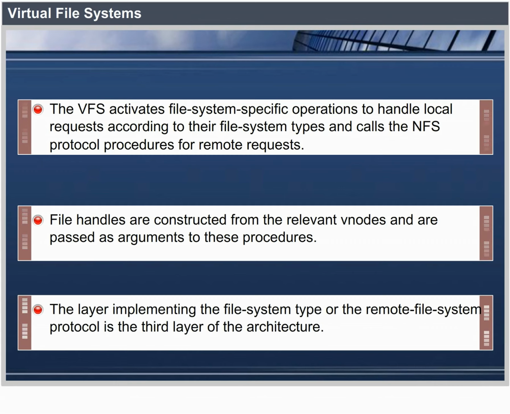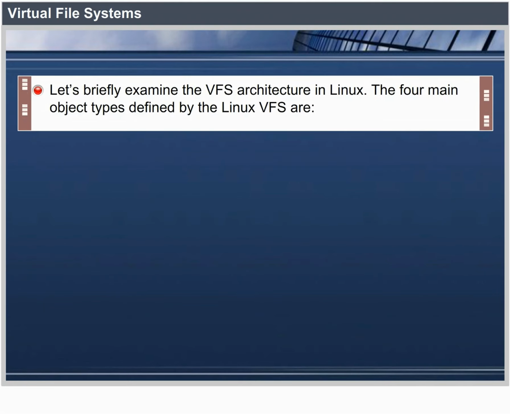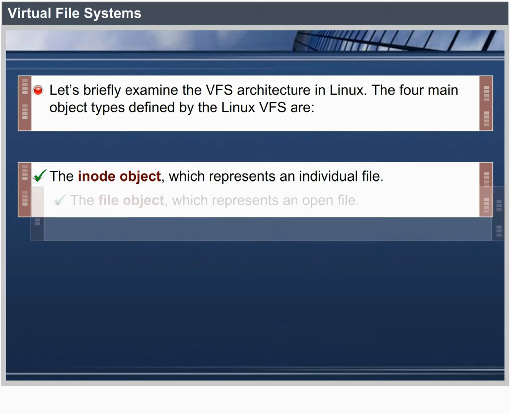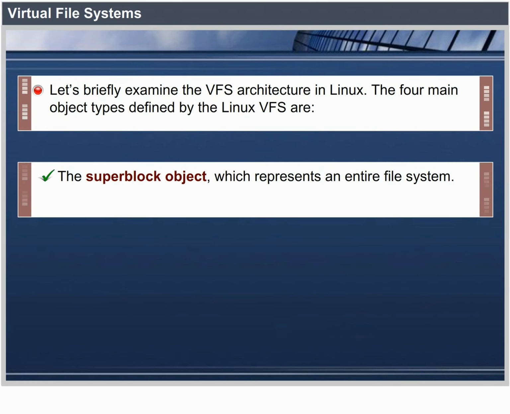Let's briefly examine the VFS architecture in Linux. The four main object types defined by the Linux VFS are the inode object, which represents an individual file, the file object, which represents an open file, the superblock object, which represents an entire file system, and the dentry object, which represents an individual directory entry.